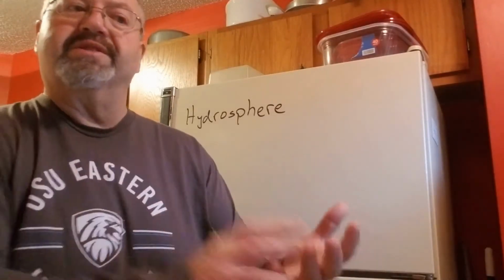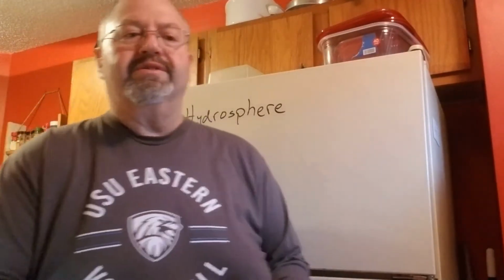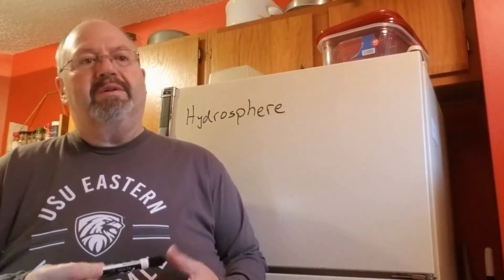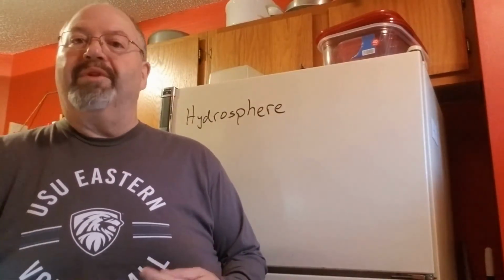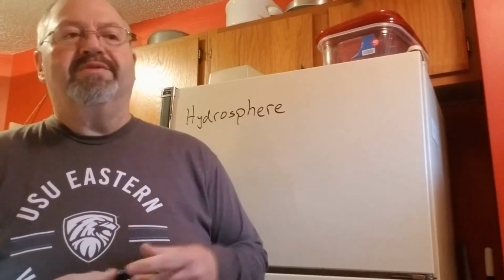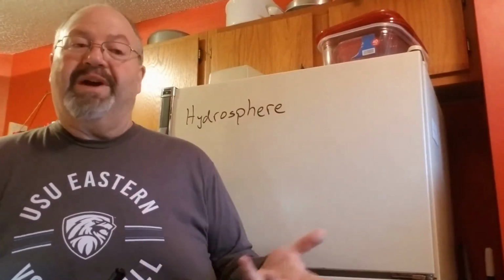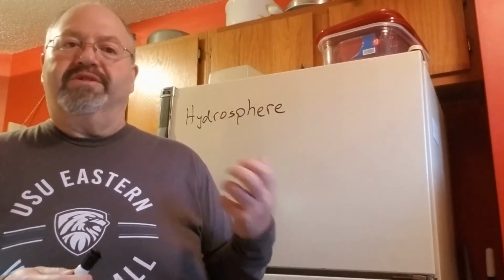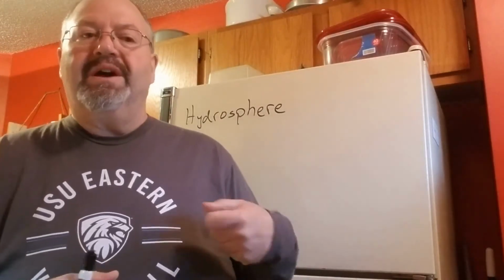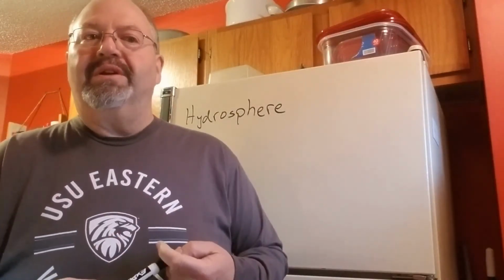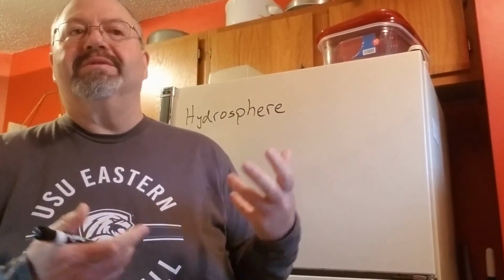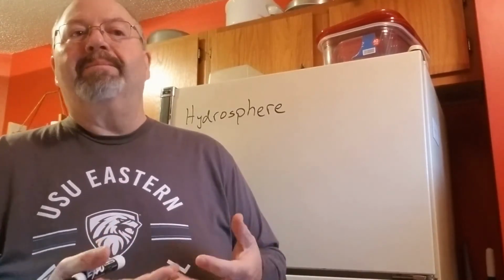As I said, as the sun heats the surface of the earth, some of the water evaporates. It goes up into the atmosphere in the form of a gas. As it rises, it cools. It will eventually cool to the point where it will condense and turn back into a liquid. In small amounts, that condensed water becomes a cloud.